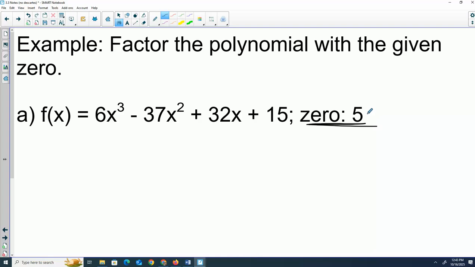X minus 5 is a factor, it divides evenly. So when I divide it, I would get a remainder of 0. It's a place where it hits the x-axis. So what we're going to do is I'm going to start out dividing. Now I actually have to divide it because I don't just care about the remainder this time. Since 5 is my 0, that's what I'm going to divide by. I'm going to do synthetic because I'm dividing by something linear.